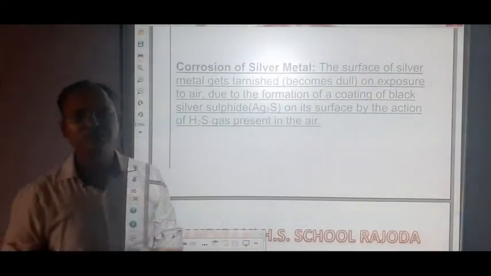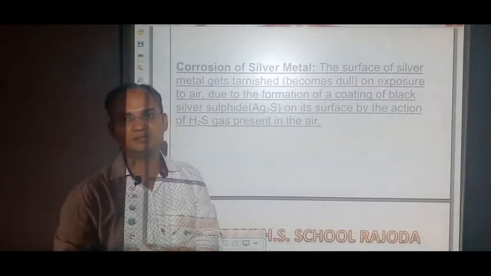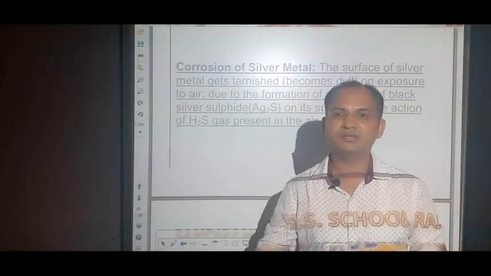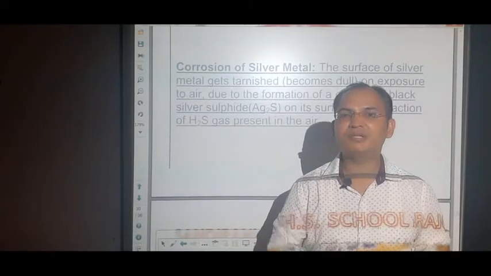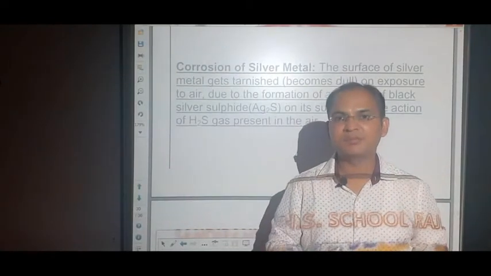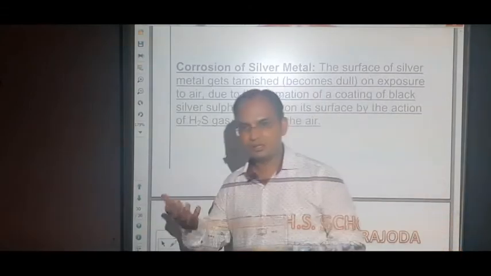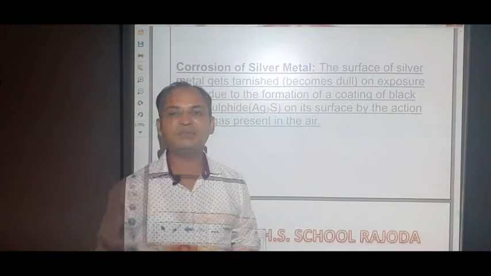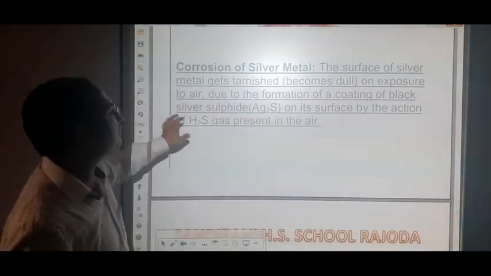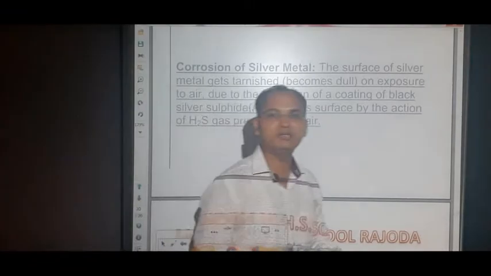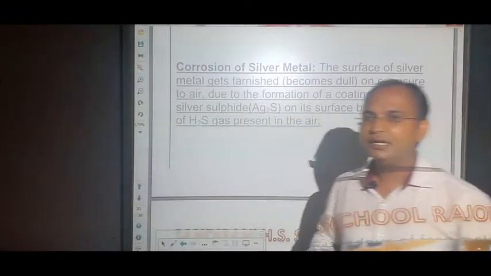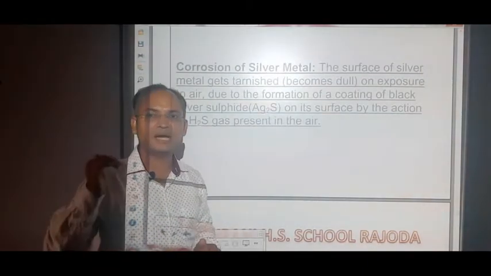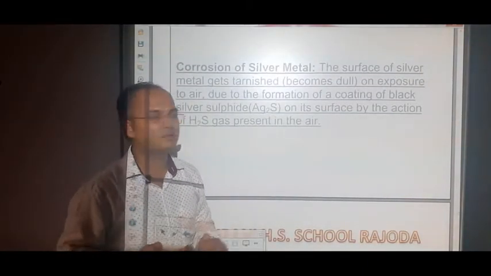And next, students, is corrosion of silver metal. You have seen so many times, whenever we bring some ornaments made of silver, they are very lustrous and shining, but after some time their shine degrades and their luster collapses. What is the reason behind this? Silver readily reacts with hydrogen sulfide gas and forms a coating on its upper surface which is not as lustrous as pure silver metal.